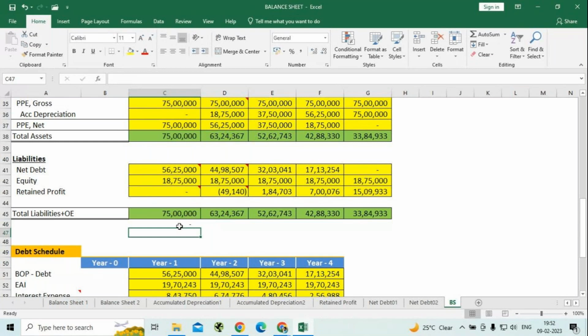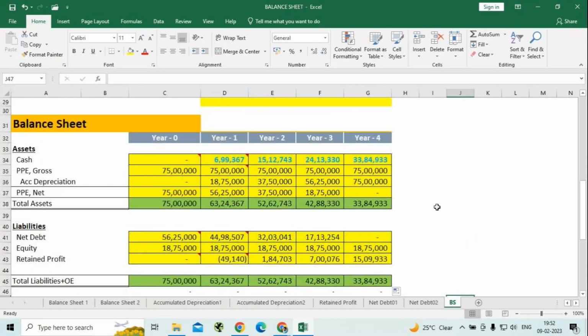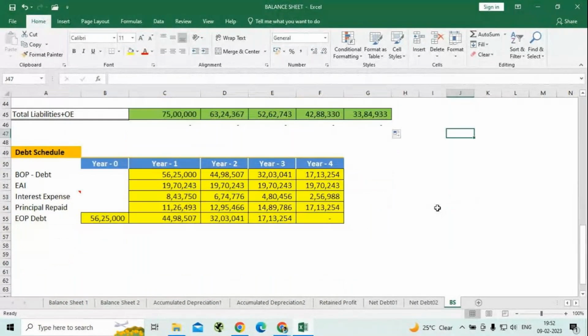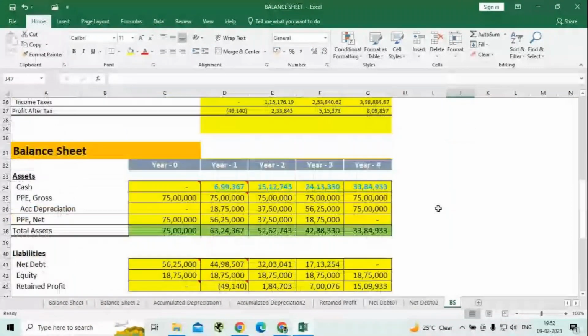If you find any difference, that means the balance sheet is not balanced. So prepare the balance sheet in such a way that it balances. This is how you prepare a final balance sheet.